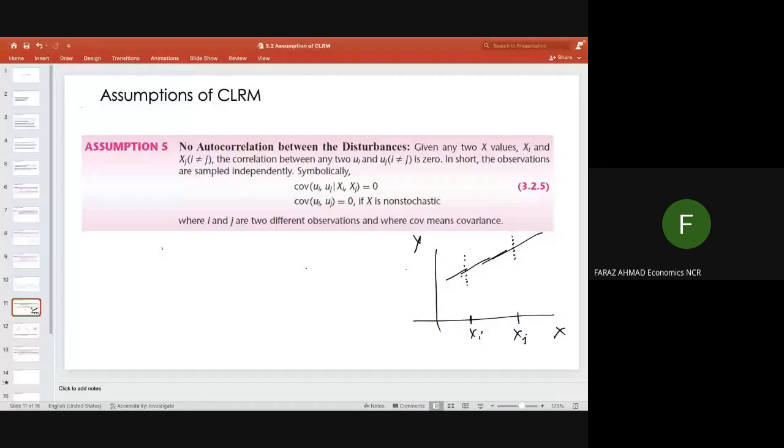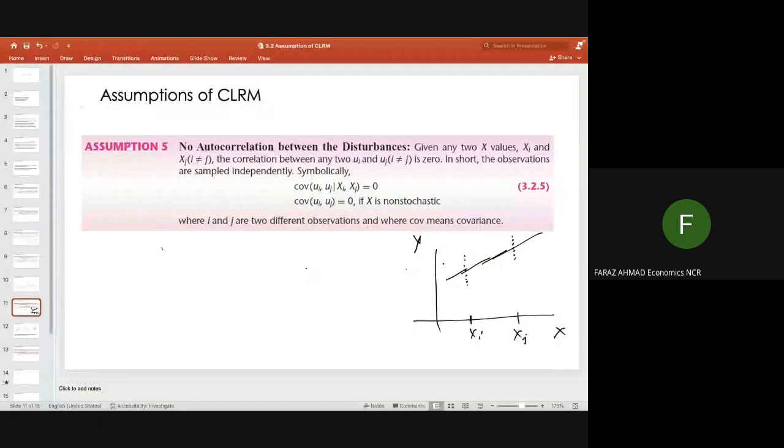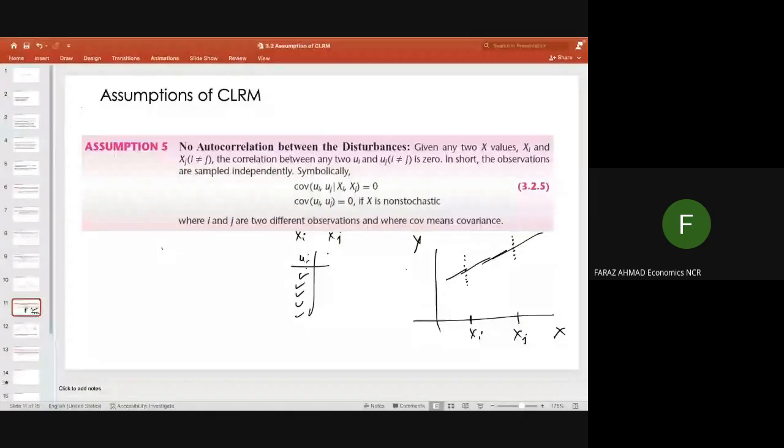And of course, the vertical distances between each of these dots and our line are the UIs, right? Some UIs are positive, some are negative in both cases. UIs are corresponding to XI and you can call them UJ corresponding to XJ. This is one set of U's, you can call them UIs. These are corresponding to xi, and corresponding to xj you have another set of u's.